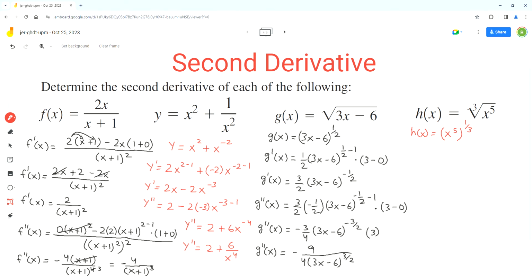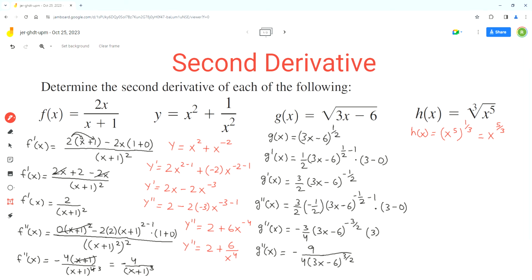So cube root can be written as 1 over 3 as a rational exponent. Now we can combine these exponents by using the power of a power law of exponents. So we multiply 5 by 1 over 3, and we get x exponent 5 over 3.